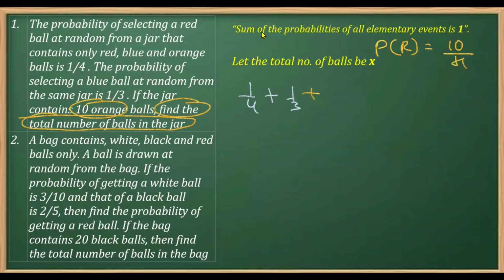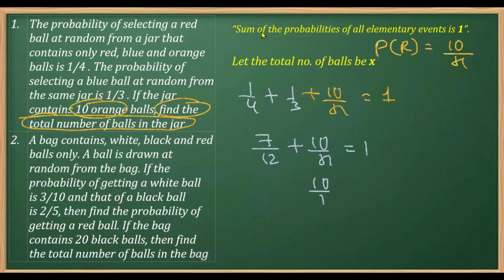Now check here. As I said, if I add the probabilities of all the elementary events, it should come as 1. So this is equal to 1. Now I'm going to simplify this. Let's add this first. It comes as 7 over 12 plus 10 over x is equal to 1.